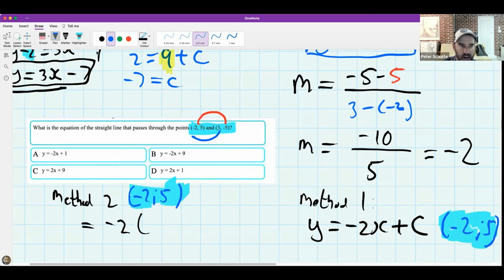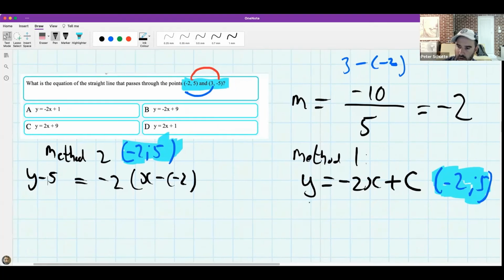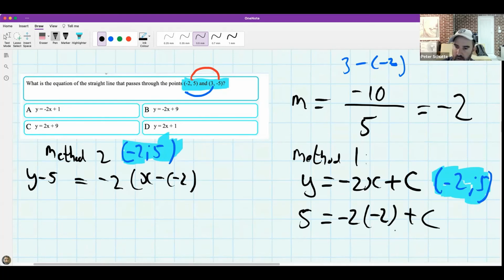But I happened to make that choice. So this will be x. On the side. For C.